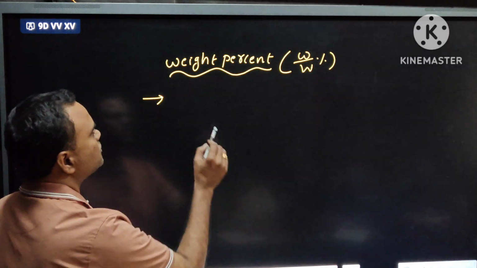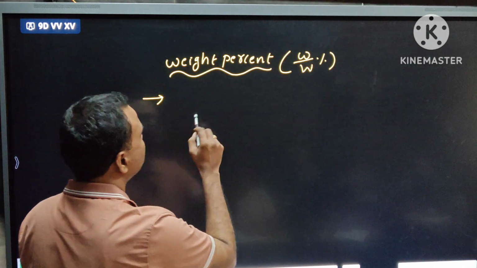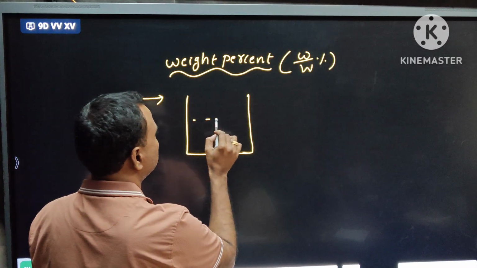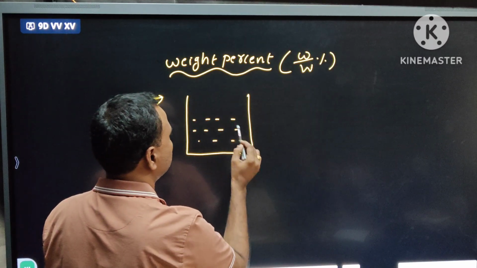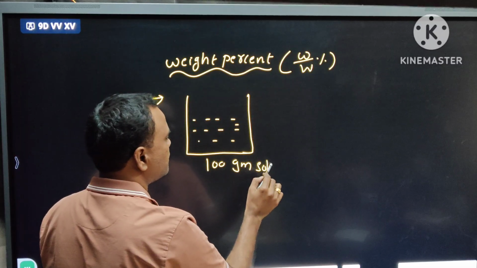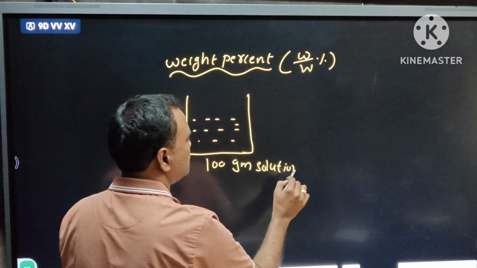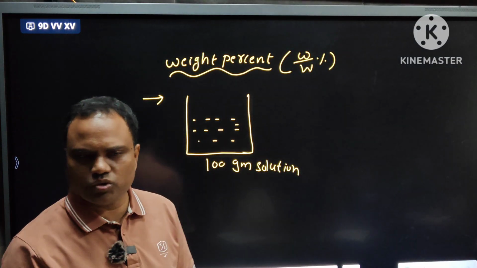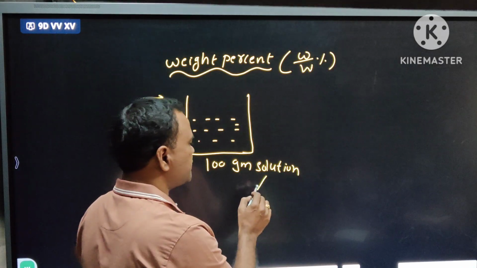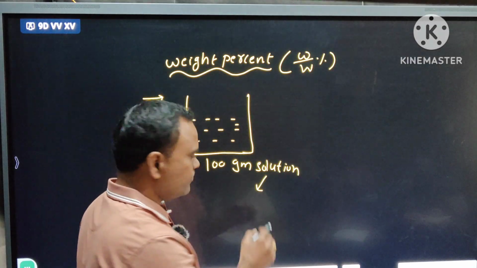Okay, see. I am taking 100 grams of solution. Remember, in solution we have two parts: solvent and solute. Solute is present in smaller amounts.